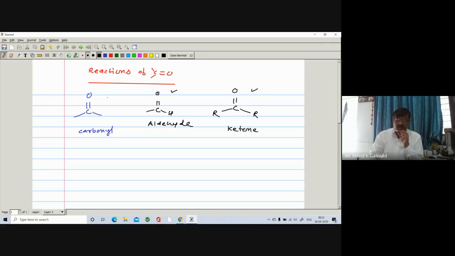So it gives addition reactions. The reactions of carbonyl compounds are addition reactions, because they have a multiple bond, that is the carbon oxygen double bond.